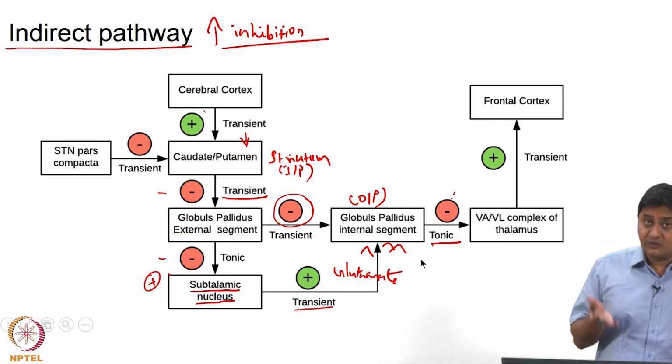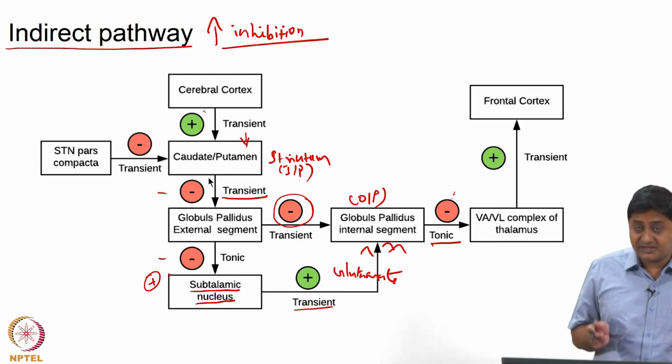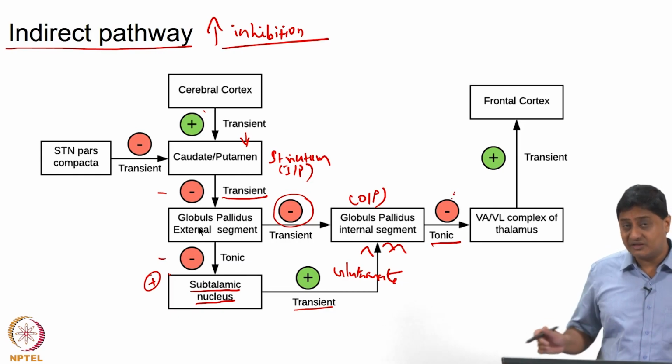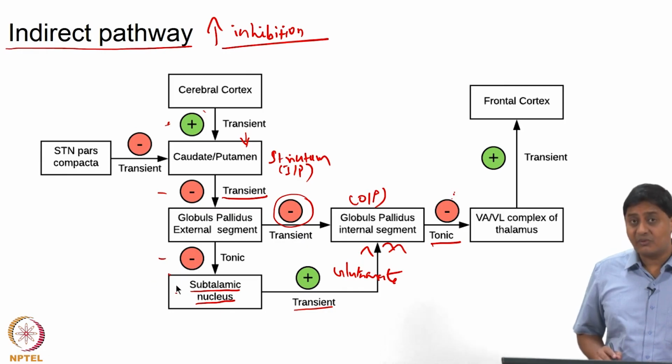Why? So, the increased excitation level provided by the cerebral cortex increases the probability that striatum is going to inhibit the GPE neurons, and the GPE neurons themselves are already inhibiting the subthalamic nucleus neurons. So, there is 1 plus and 2 minuses, essentially making the probability that the subthalamic nucleus is going to get excited go higher, right.